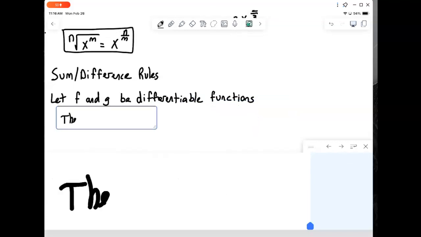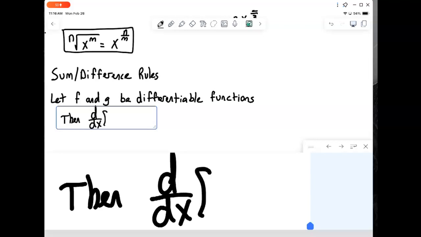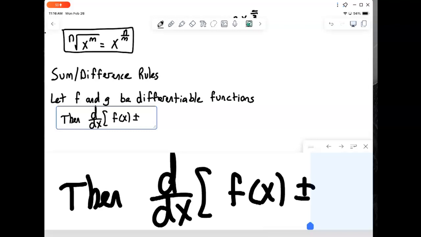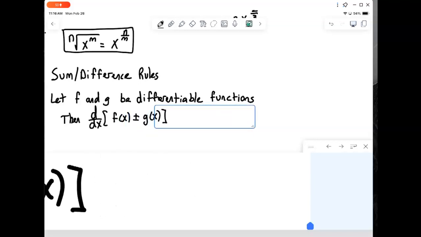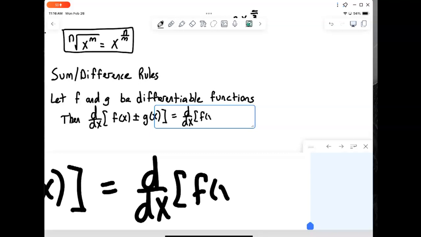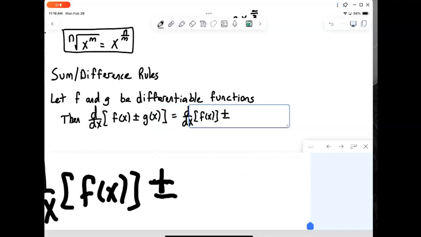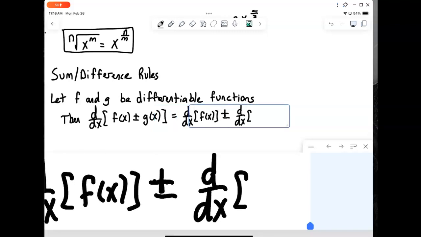Then it turns out the derivative with respect to x of f of x plus or minus, because it could be an addition or a subtraction problem between the two functions, that the derivative of f plus or minus g is quite simply the derivative of f plus or minus the derivative of g.